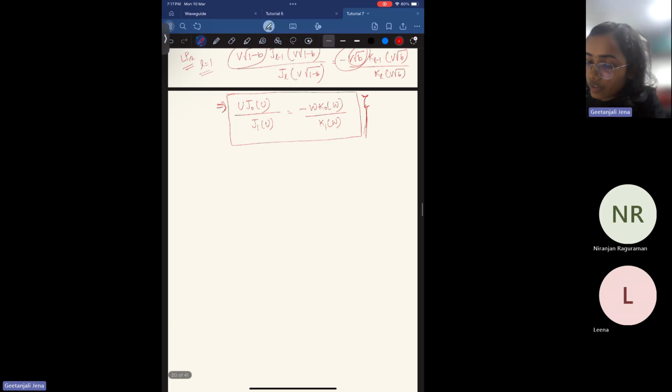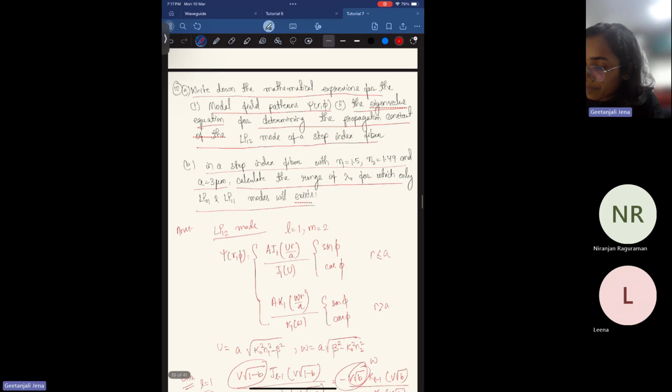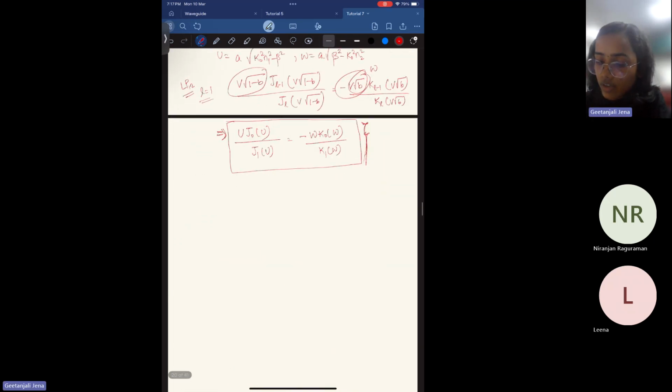Okay. Now for the second part. In a step index fiber with N1 1.5, N2 1.49 and A is 3 micrometer, calculate the range of lambda 0 for which only LP01 and LP11 modes will exist. I think you can easily solve it, right?